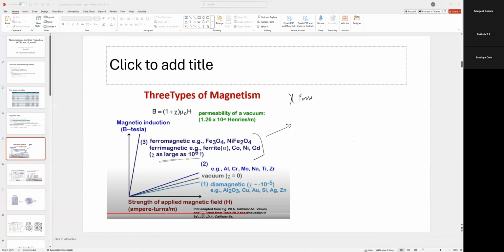In ferromagnetic materials, what happens is you have your magnetic domains, which are mostly aligned along the applied magnetic field this way.